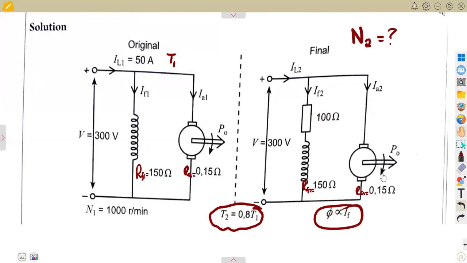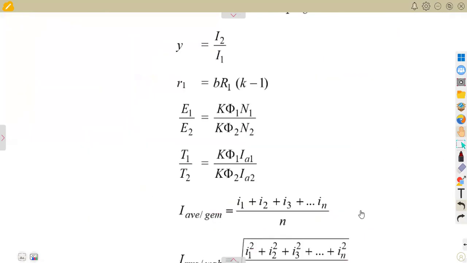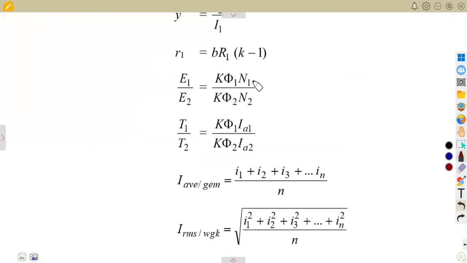So we need to calculate this speed N2. And from our formula sheet, this is what we have. Remember, I talked about these formulas where the speed is considered. Knowing that the flux is proportional to the field current, we can write this formula from the formula sheet in this way.